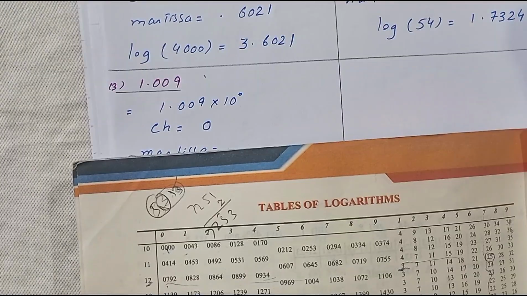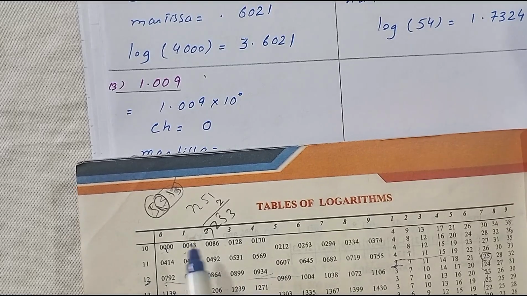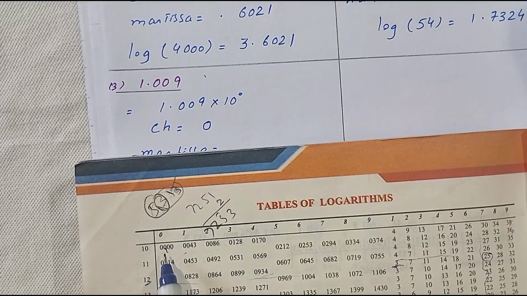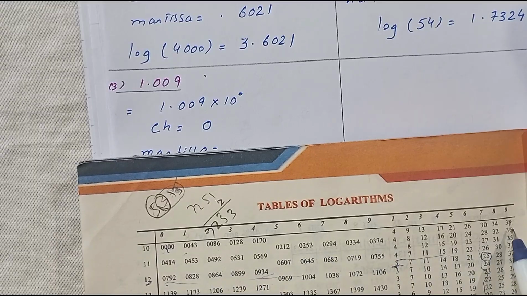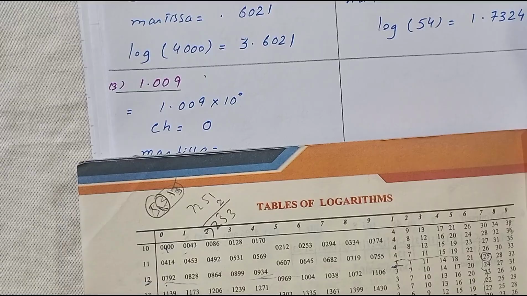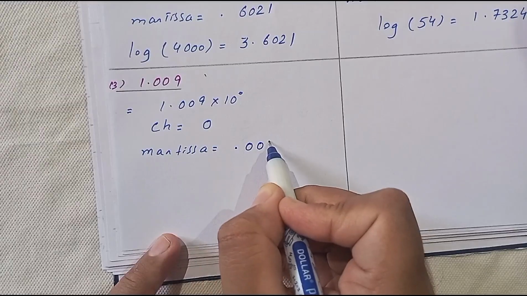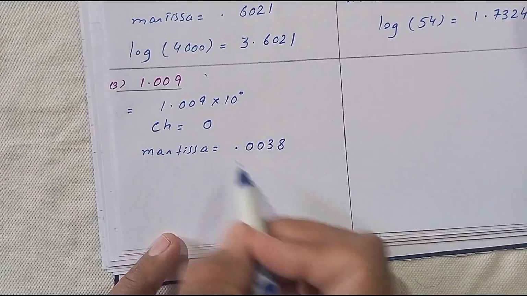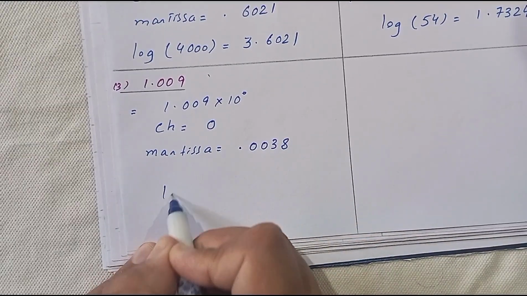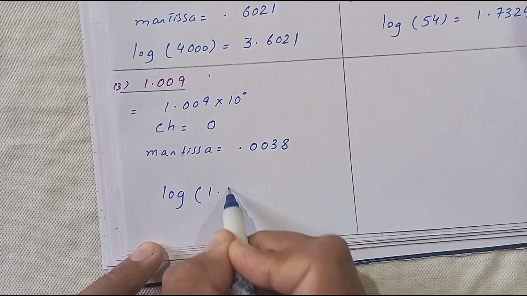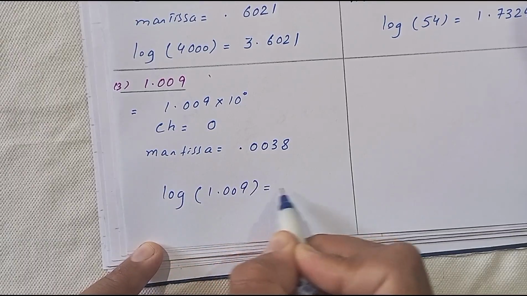Now look in the log table, the value of 10 in 0 is 0000, and in the 9 column you can see the value is 38. So adding 38 into 0000, this is the required mantissa. So the mantissa is 0.0038. So adding characteristic and mantissa, we find the value of log 1.009 as 0.0038.